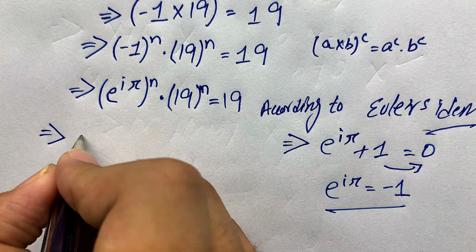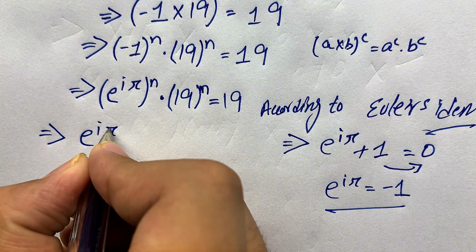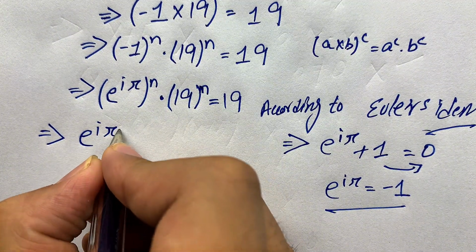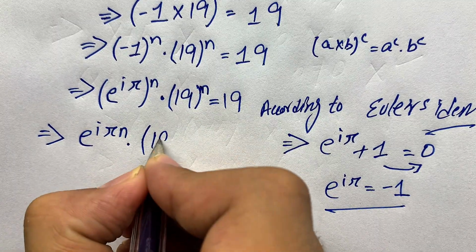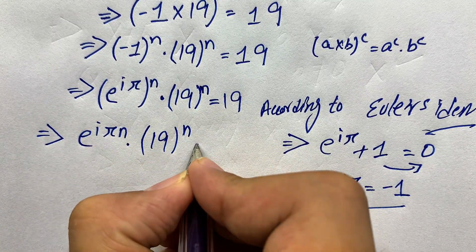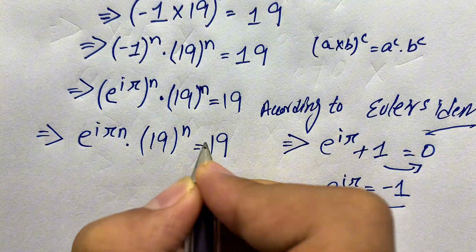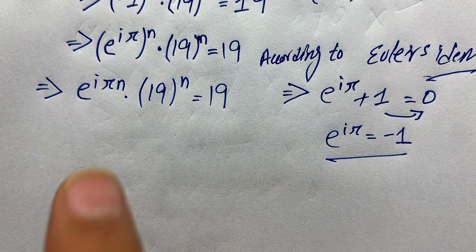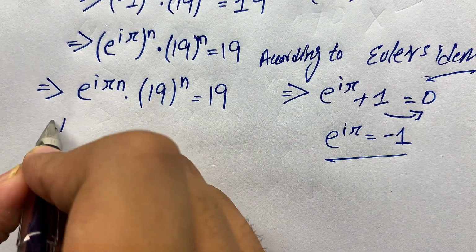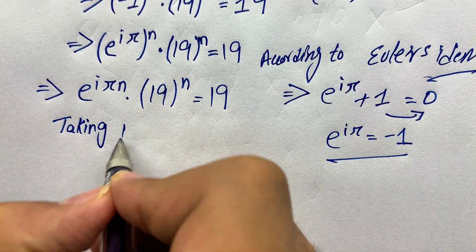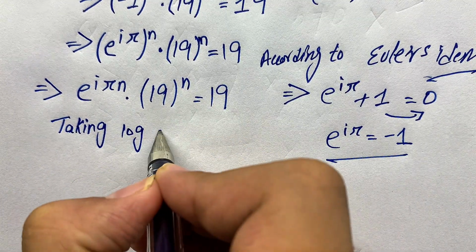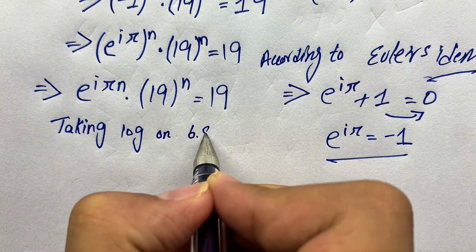Opening the bracket, e^(iπn) · 19^n is equal to this 19. So in the next step we are taking log on both sides.